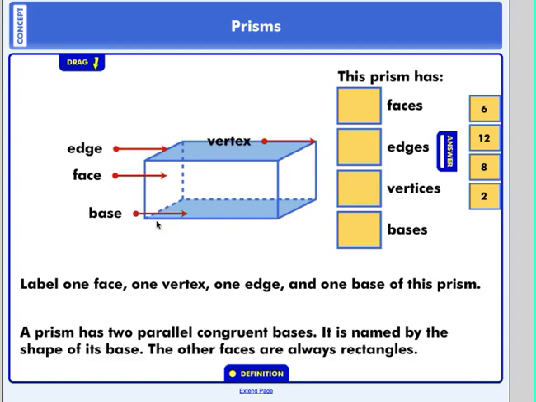Basically, if you were to draw a picture of it, wherever the solid or dotted lines are, that makes an edge. This prism has 8 vertices, okay, because each of these points, there's 1, 2, 3, 4, 1, 2, 3, 4. So 8 vertices and then 2 bases. Every prism has 2 bases.